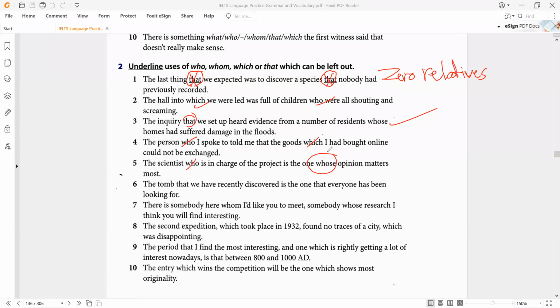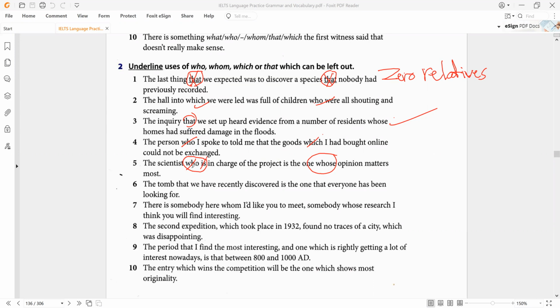Okay, the scientist who is in charge. So we delete both, actually. The scientist in charge. That means the scientist who is in charge. So like the sentence we said, the man standing over there is Mr. Adel, we changed the phrase the man who is standing.